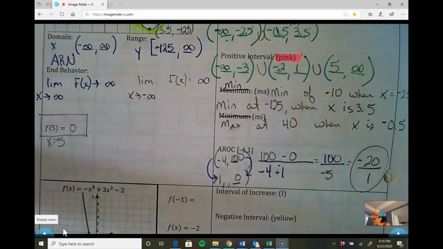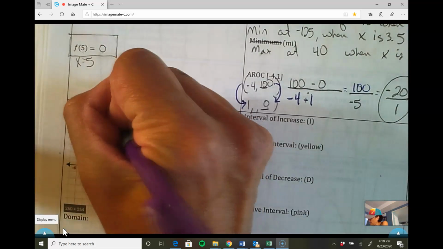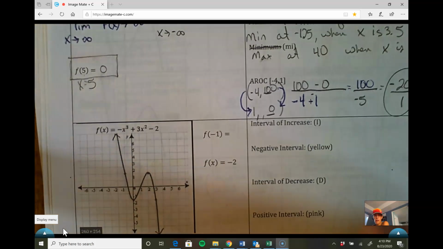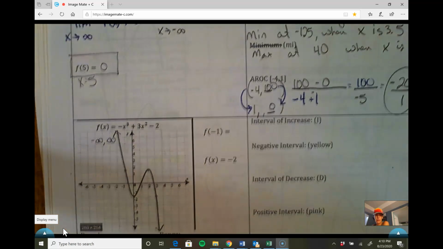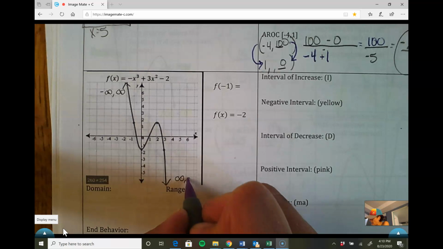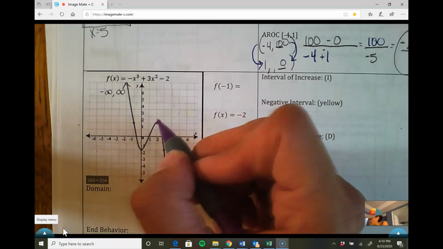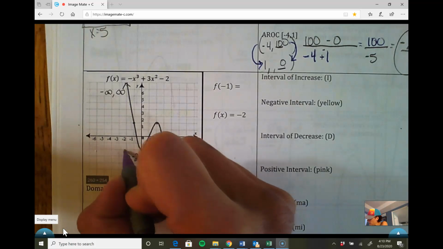All right, last one. So we're going to put some arrows here. We're going to mark those end behaviors, all those things. So this arrow is going left. Left is smaller, and it's going up. Up is bigger. This arrow is going to the right, so bigger, and it's going down, smaller. I want my turning points, so I got this one, that's 0, -2.